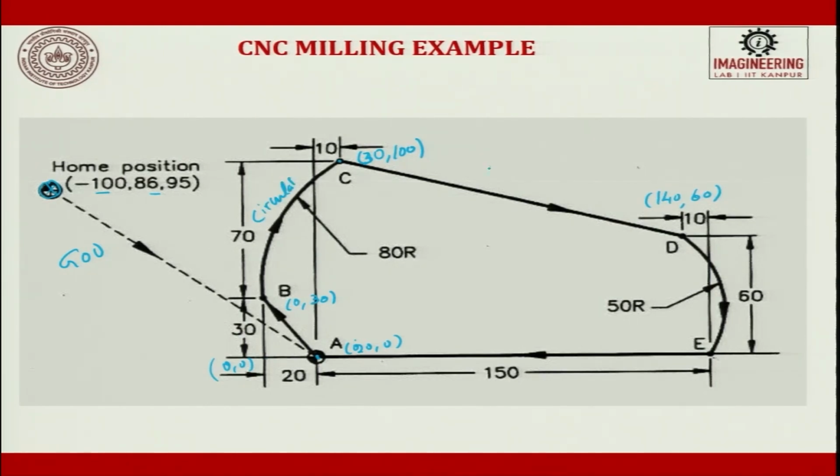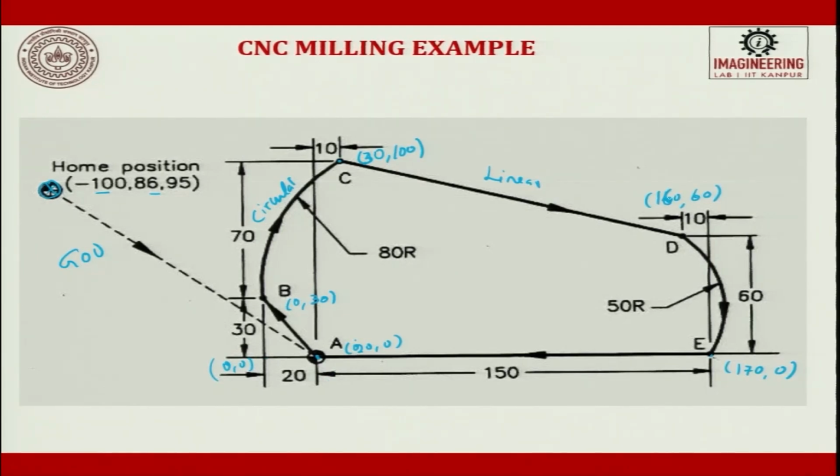From here to here you will use a linear interpolation, and for E, y axis will be 0. So, it is 150 plus 20, 170 comma 0. I have missed out this 20 which is there from the origin, so it is going to be 160 comma 60.